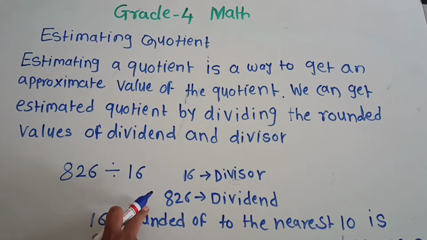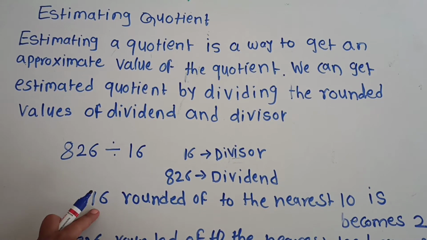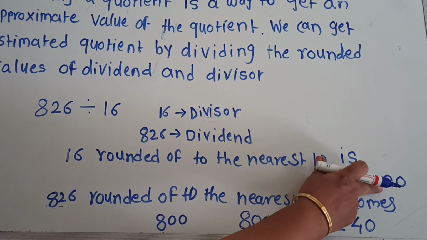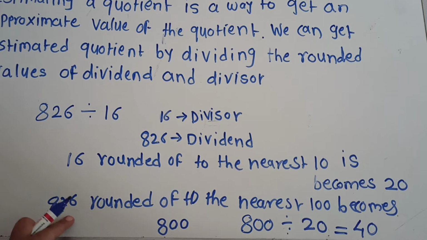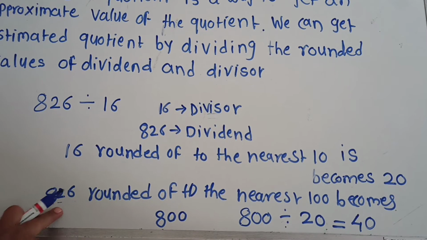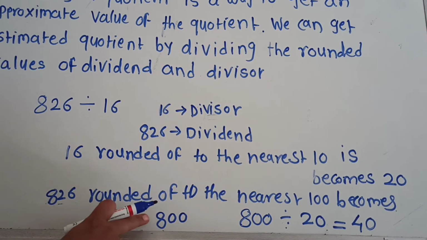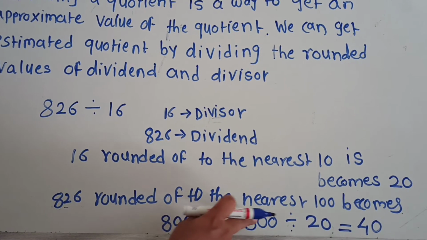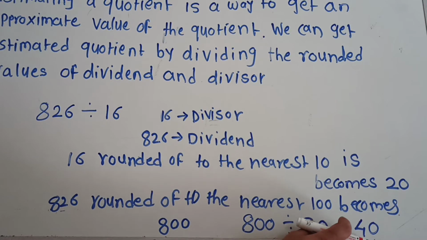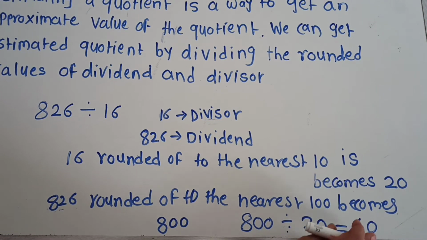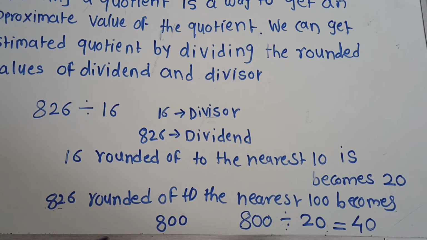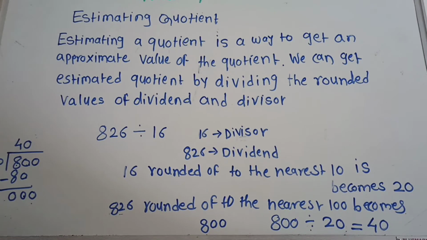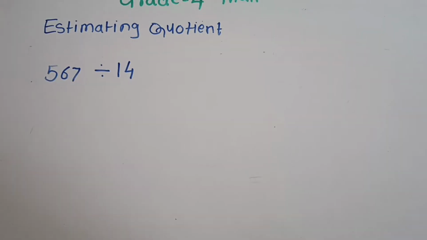Here in this example, the divisor is 16 and its rounded value is 20, and 826 is the dividend and its rounded value is 800. Then 800 divided by 20 we get 40, and this is the estimating quotient. We will see more examples for practice.